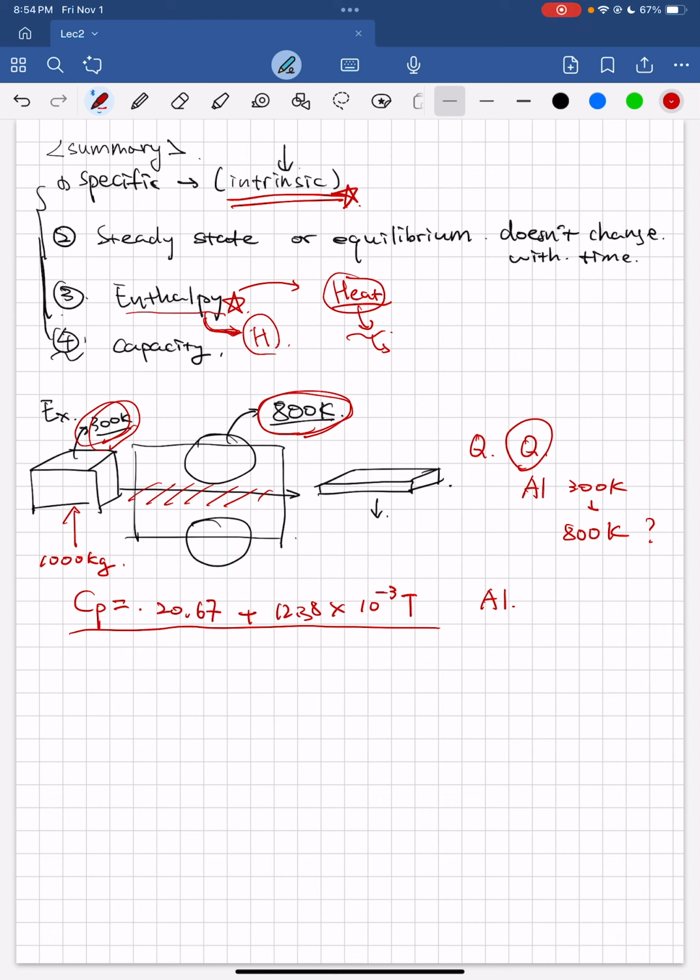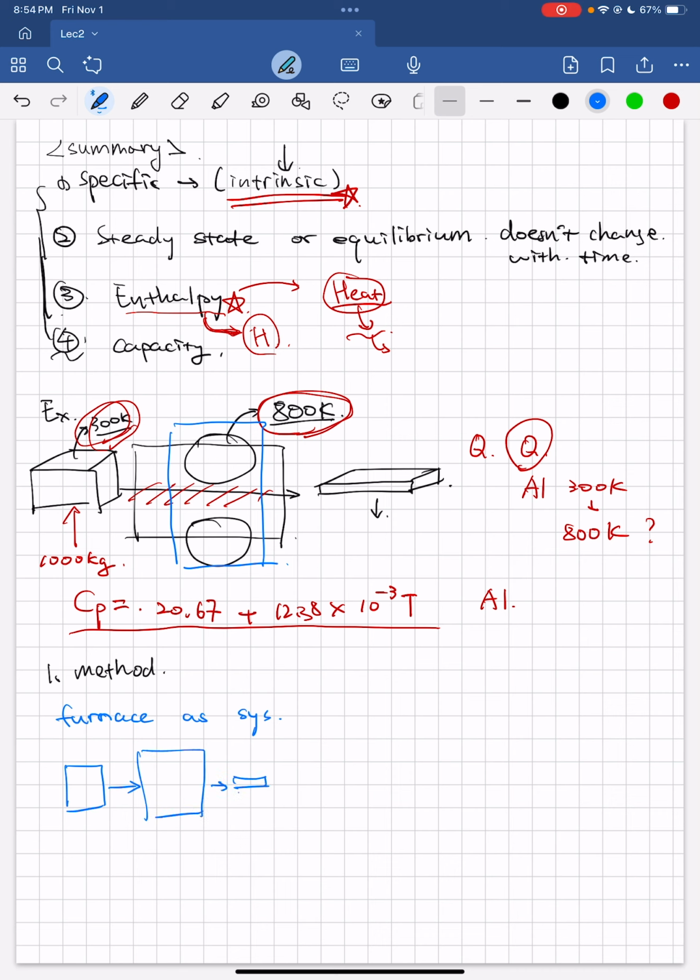And for this question, you need some kind of assumption in order to solve it. So the first method of solving this question is you take the furnace as the system. Now, material coming in and material leaving.